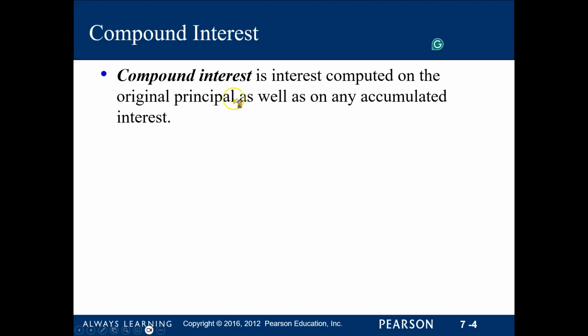So when we talk about compound interest, this is the interest computed on the original principal as well as on any accumulated interest. So the accumulated interest is always every year. Okay. So the simple interest was only applied to the principal, to the amount borrowed or lent.